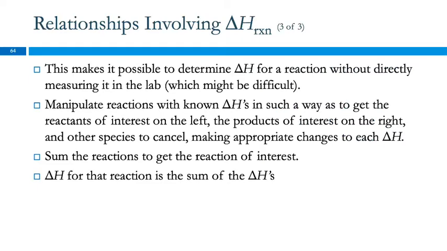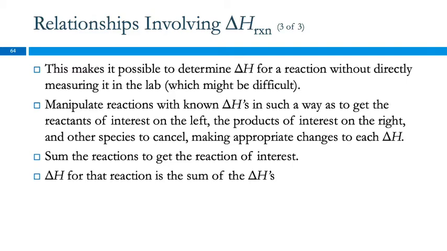What this allows is for us to determine delta H for a reaction without actually having to do the reaction. There are some reactions where measuring delta H in the lab might be difficult. But if we know delta H for reactions that we can add up to get what we want, we don't actually have to do the reaction.